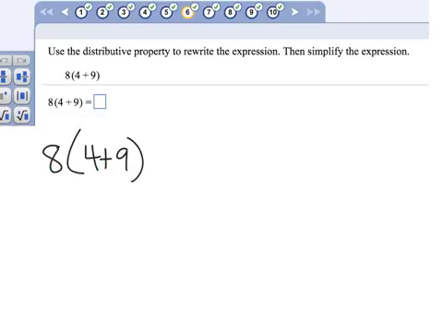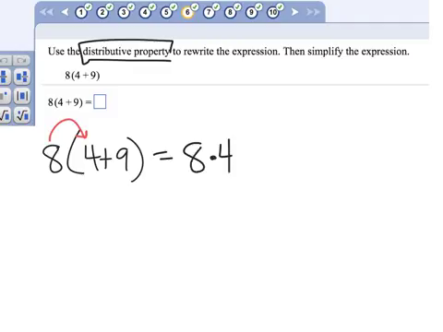So if you were going to solve this problem, you would probably add first and then multiply by 8. But the distributive property means we're going to take that 8 and first multiply by 4, and then take that 8 and multiply by 9.